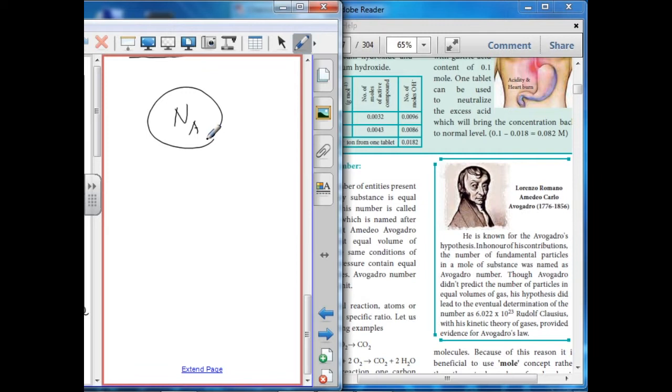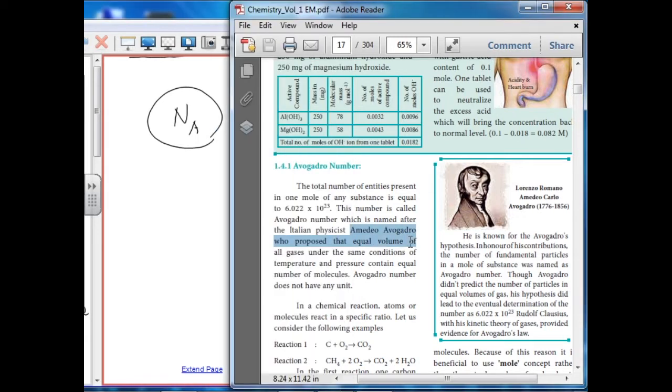It is named in honor of the Italian physicist Amedeo Avogadro, who proposed the law that equal volumes of all gases under the same conditions of temperature and pressure contain an equal number of molecules. Avogadro number does not have any unit.